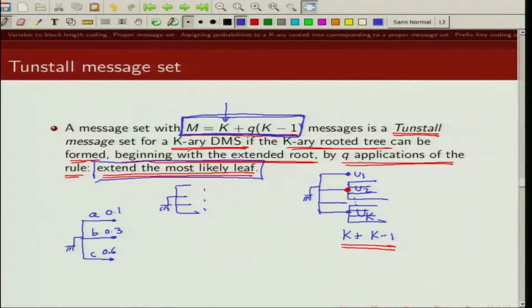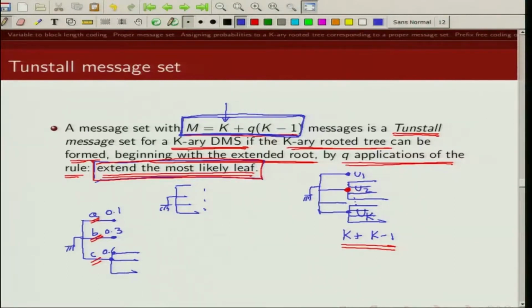Let's say I want to extend a leaf. Which one should I extend? Should I extend A, B, or C? According to this rule, I should extend the most likely leaf. That's C, because the probability of this vertex is 0.6. So I am going to extend this particular leaf.